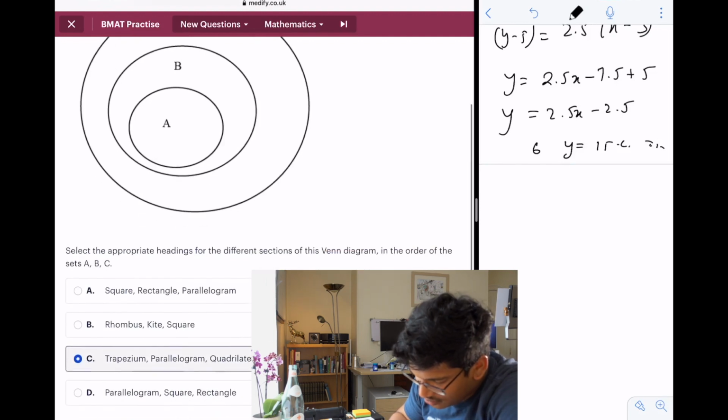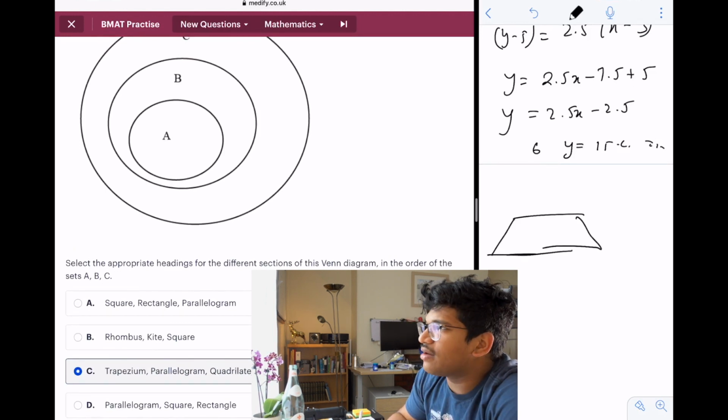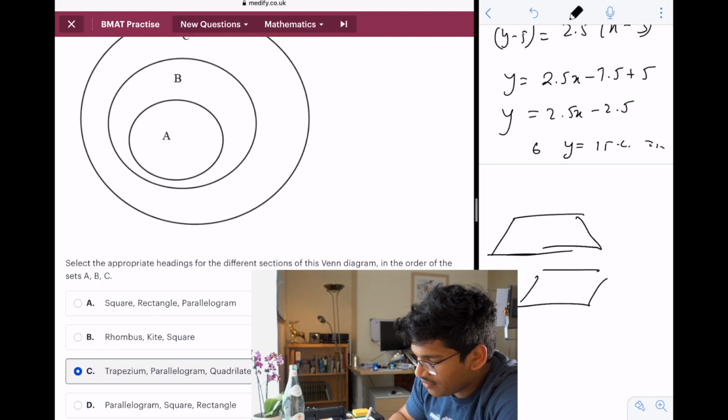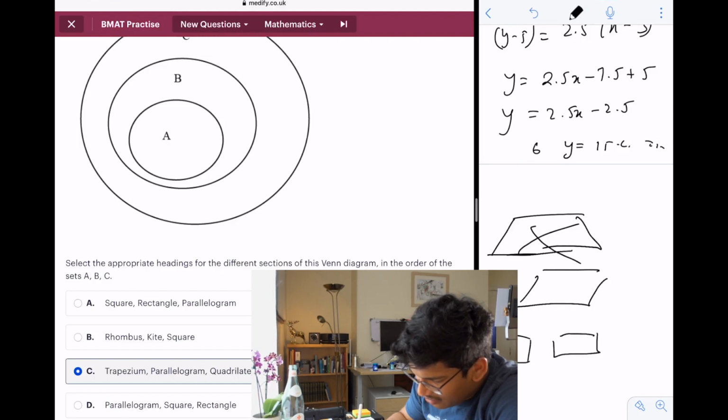I think with this one, a parallelogram. A trapezium is that, which is a parallelogram, technically a rectangle pushed over, so it can't be that actually, no. It might be this, a square, which is technically a rectangle. But is that a parallelogram? No, it's not a parallelogram.